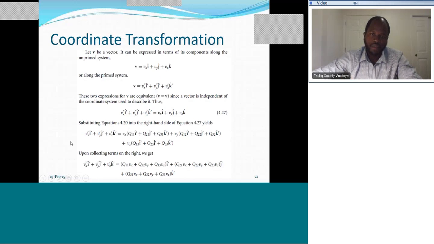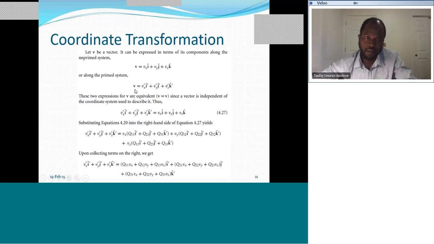So if we let the vector V be expressed in terms of its components in the unprimed system, V has a component in the x direction, Vx, a component in the y direction, Vy, and some component in the z direction, Vz. We can also express the same vector in terms of its components in the primed system, as shown on the slide.